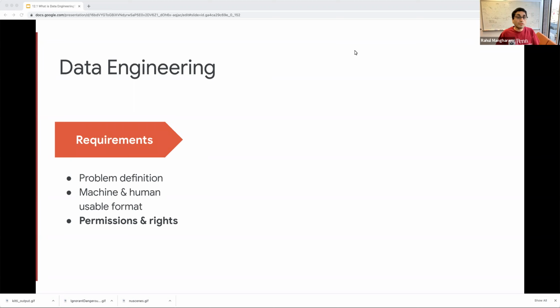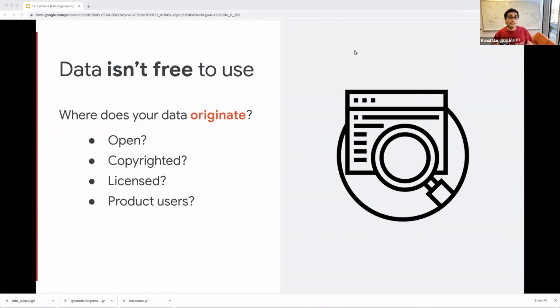Now, one of the most important things that I want to emphasize here is that you've got to focus on permissions and rights. Often you don't think about that. Today, we take it for granted. For example, I can go on to Google and do an image search and I'll get a lot of images and I can put them in the slides here, right? But you've got to ask yourself the question, is that data actually accessible?